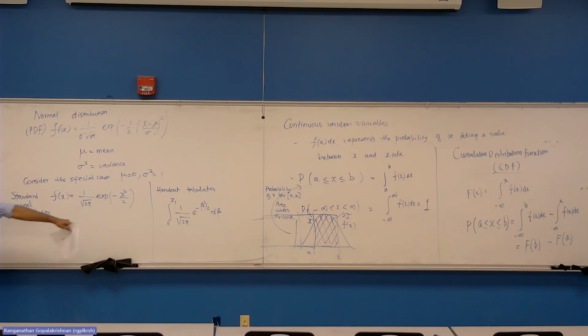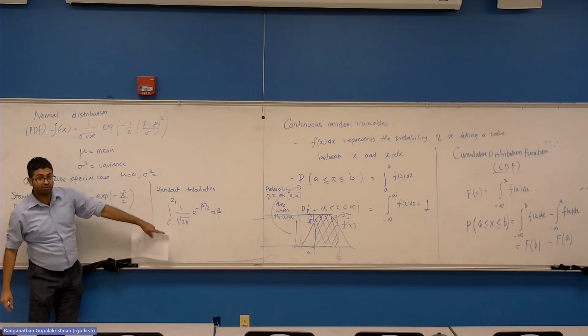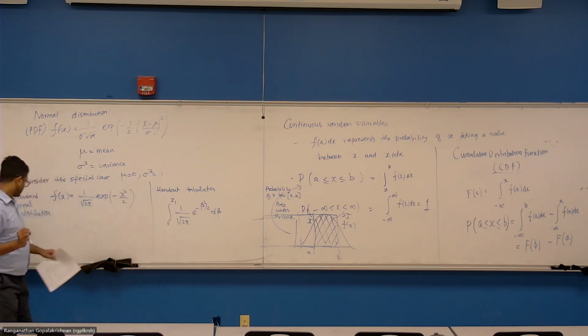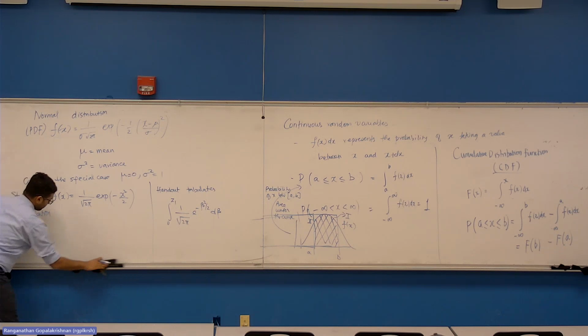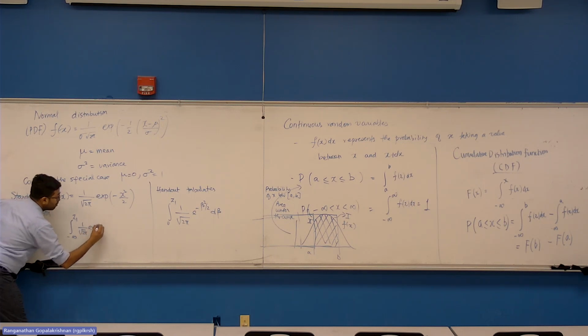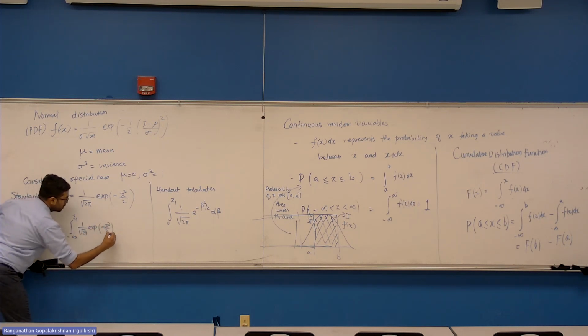What is this quantity? Remember this. Tell me what is this quantity? If I write minus infinity to Z1, 1 over square root of 2 pi, exponent of minus x squared over 2 dx.